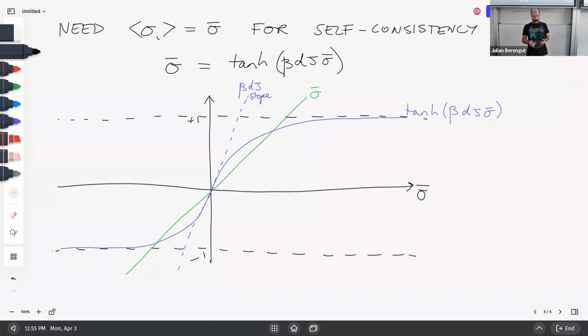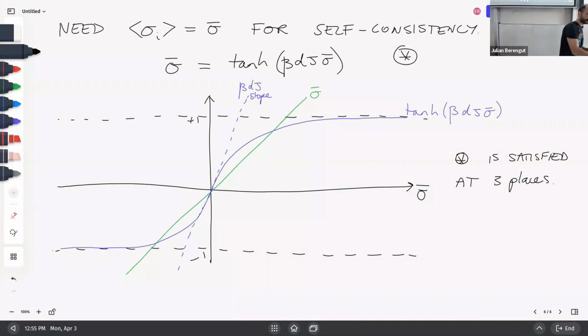So where is this equation satisfied? Equation 1, this starred equation, is satisfied at 3 places. Where are they?